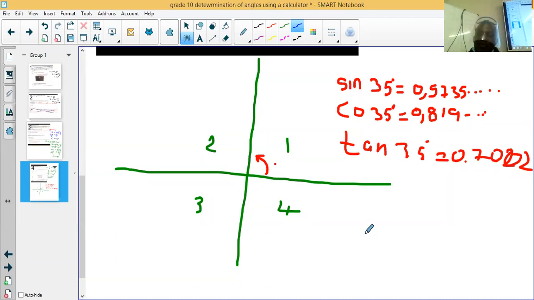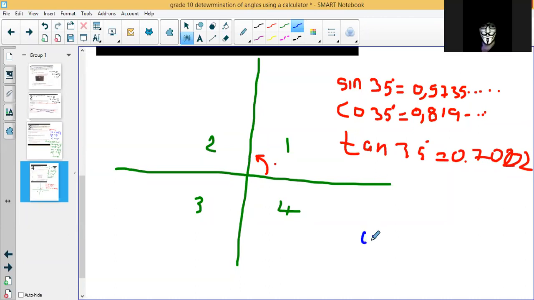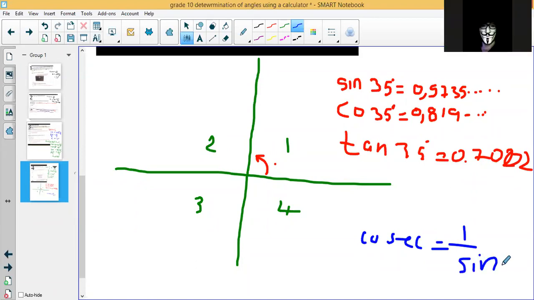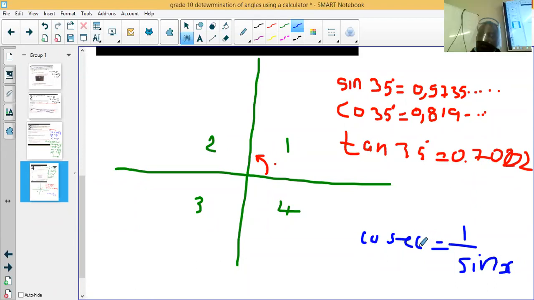You remember, cosec is 1 over sine. This is the reciprocal. You have forgotten, right? Now, when we talk of a reciprocal, it is 1 over. So sine and cosec, they are positive here.